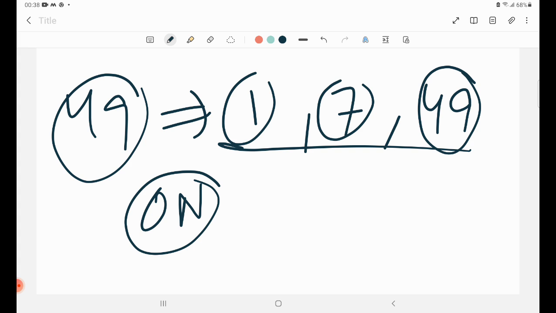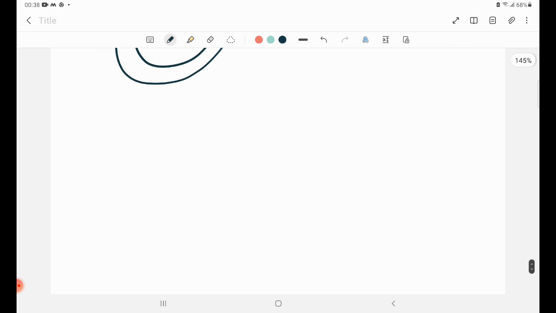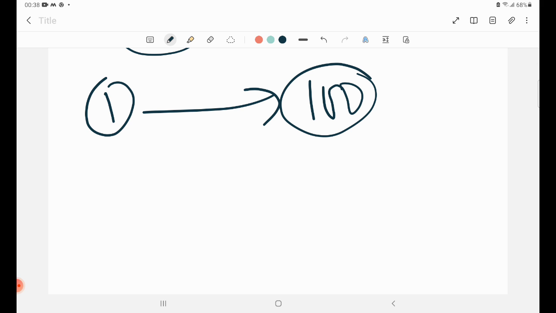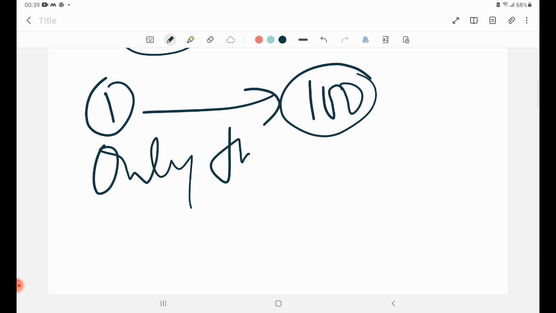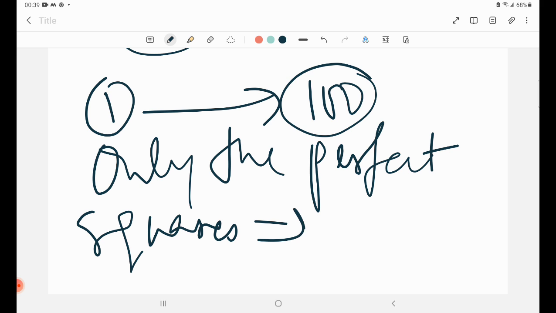So what can you understand? For the final state of the bulb to be on, there has to be an odd number of toggles, and the number of toggles depends on the number of divisors. Now I guess all of you know that of any number you pick from 1 to 100, only the perfect squares have an odd number of divisors.